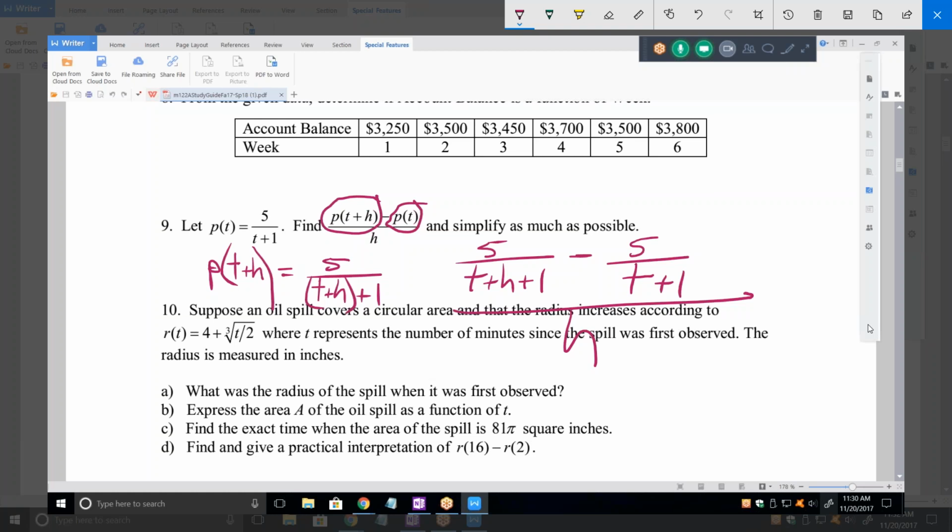How do I take this fraction and subtract that fraction? Make them like, in the same denominator. A least common denominator. I'm going to do it over here on the left, and I'm going to write really small.